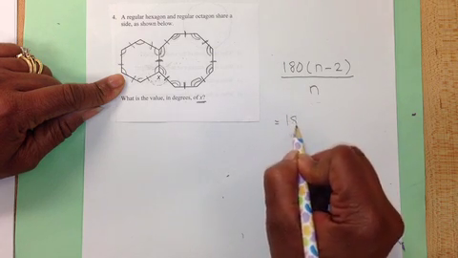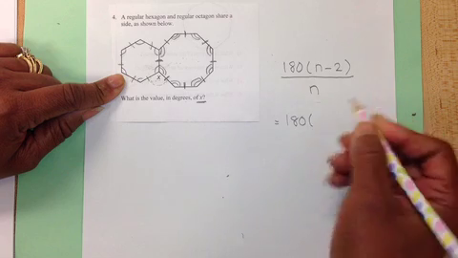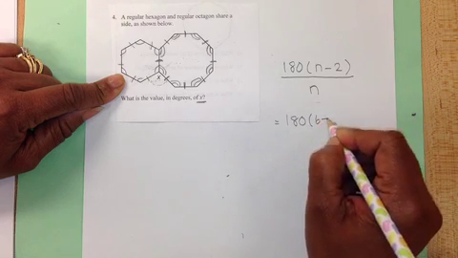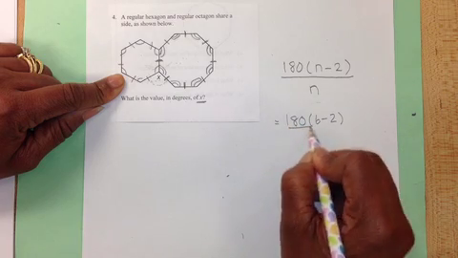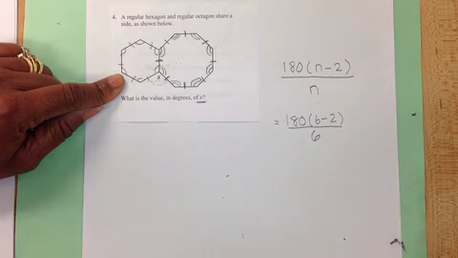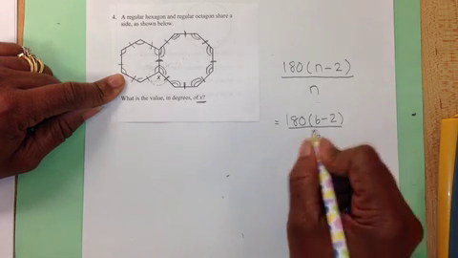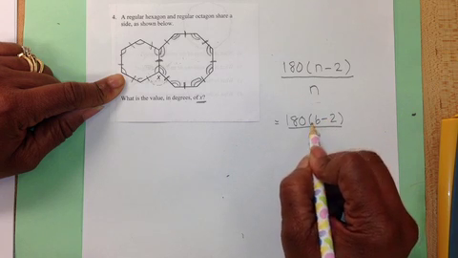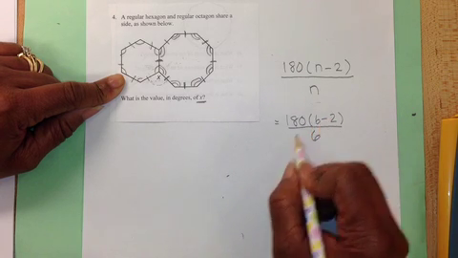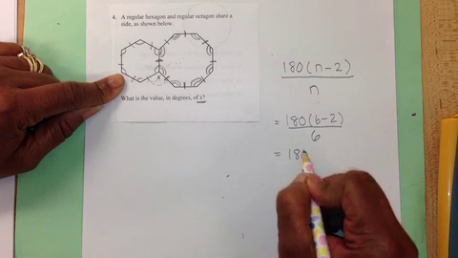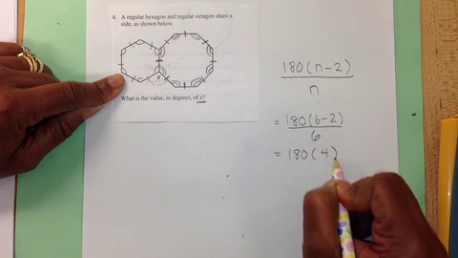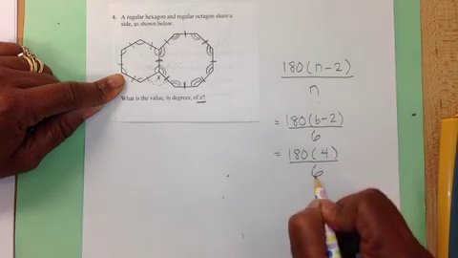So let's do that. 180 times the quantity of 6 minus 2 divided by 6. Next step will be to put this in simplest form. Order of operations, let's do parentheses first. So that's 180 times 4 divided by 6.